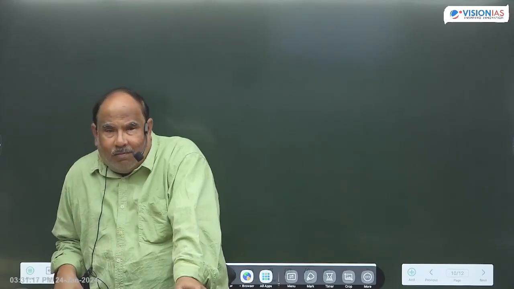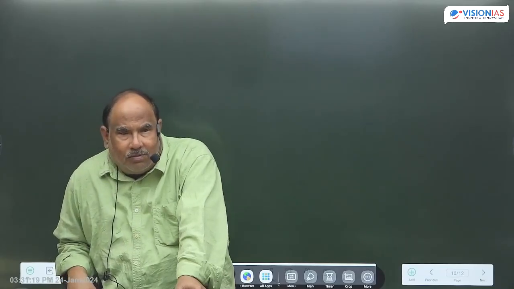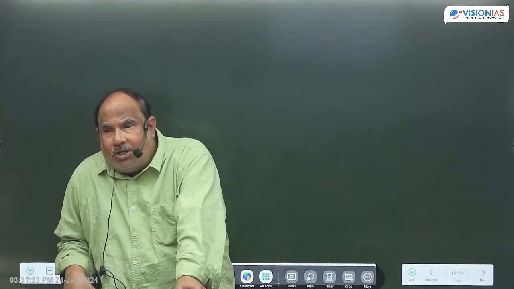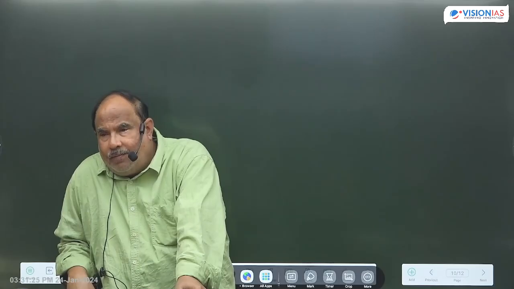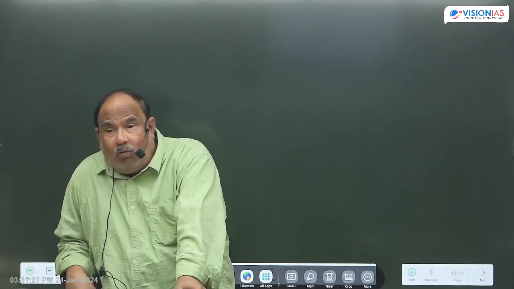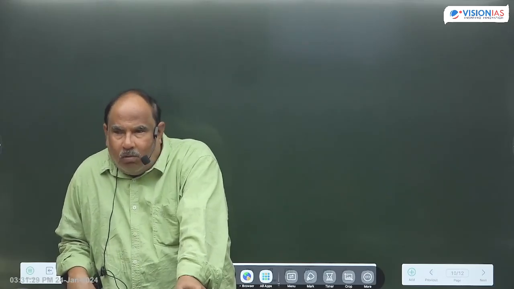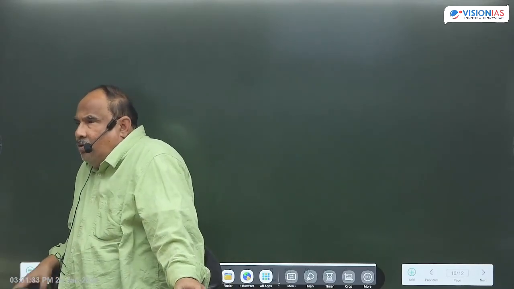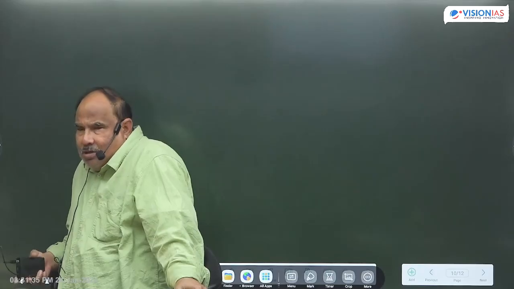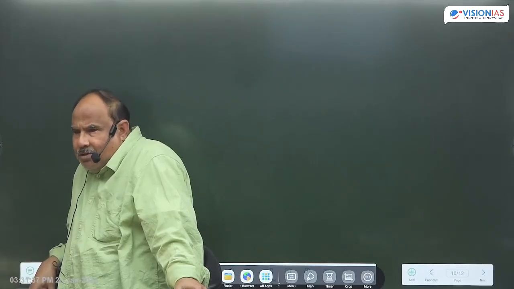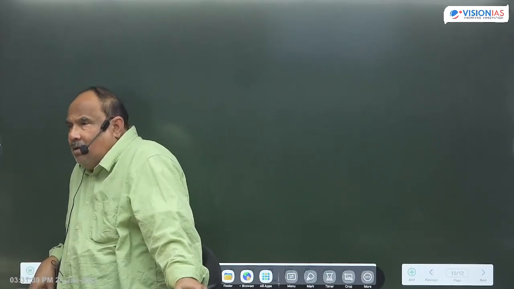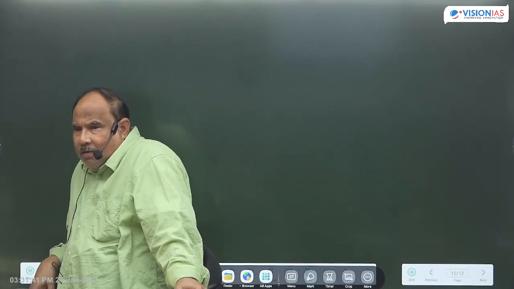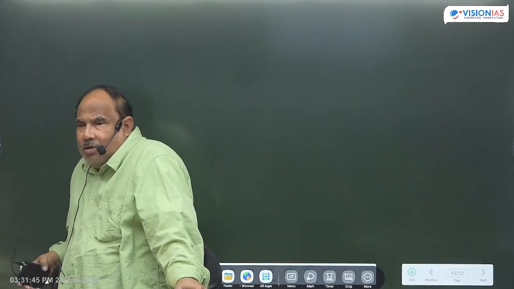From examination point of view, it is very important. You got a question in the civils mains: describe the town planning of Indus Valley cities by taking any city of your choice. For that, Mohenjo-daro is a wonderful choice.